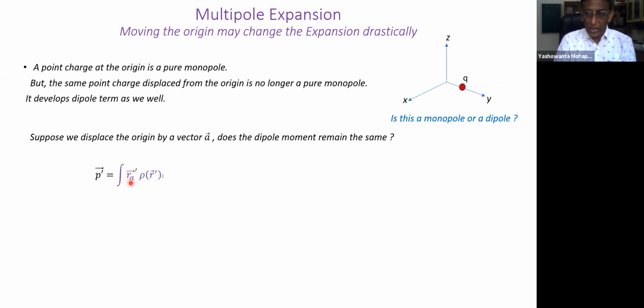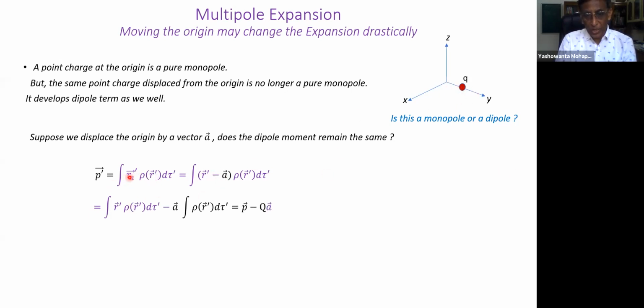The new coordinate is r prime a, displaced by a. This is the definition of dipole moment, but now from the new origin to here, let's say r a prime. But I can write this r a prime in terms of the old coordinates, r prime minus a. For example, I've displaced the origin from here to here.